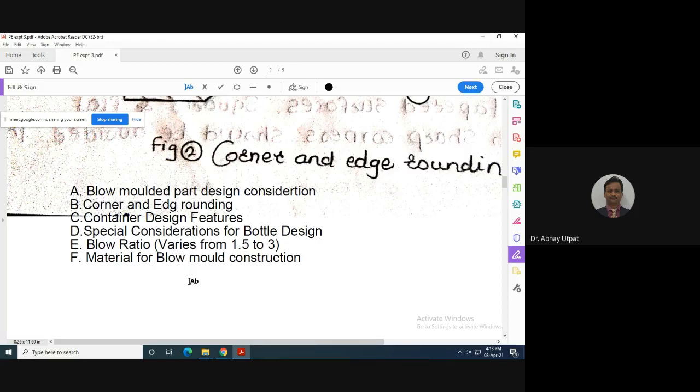Beryllium is very costly material. That's why if we use copper beryllium alloy, then the cost of the die will be far higher, and some economy must also be considered. That's why, depending upon requirement, the material is selected.